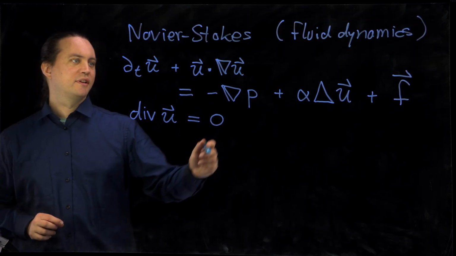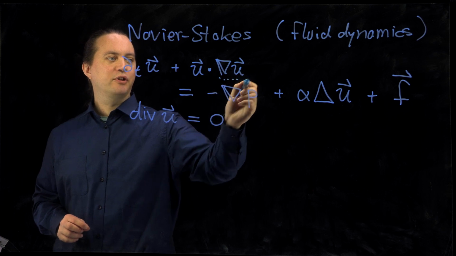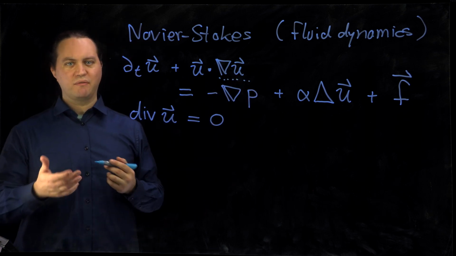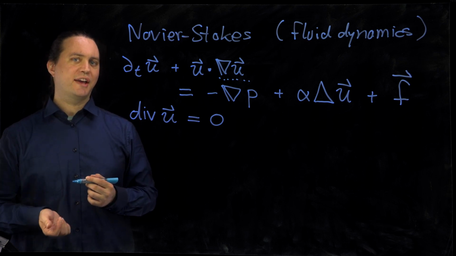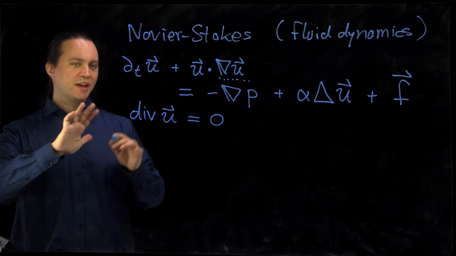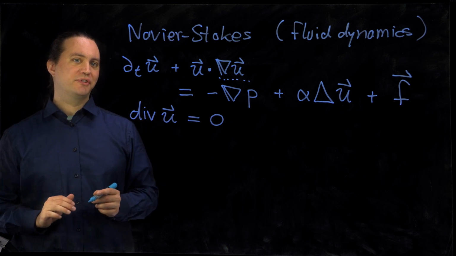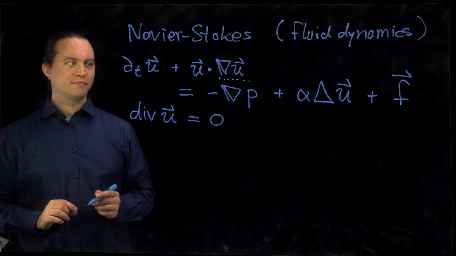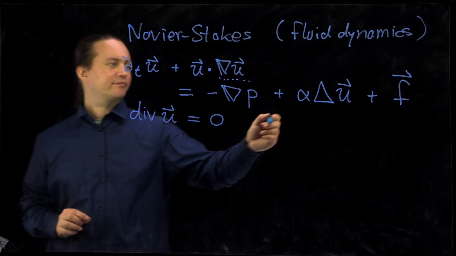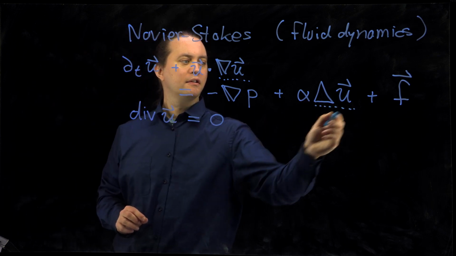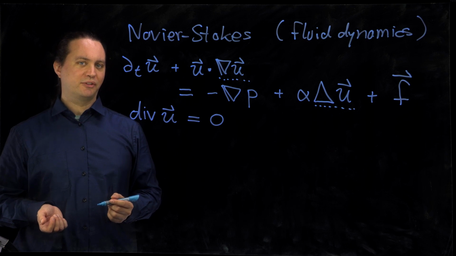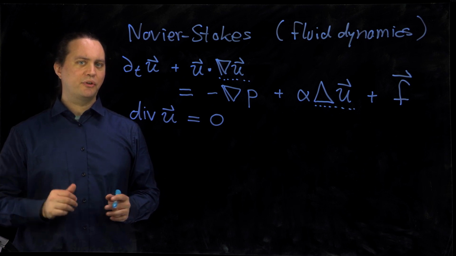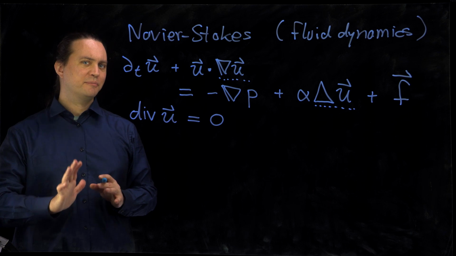Please notice, here I'm talking about the gradient of u, and okay, we have actually not discussed the gradient of a vector field. We've only discussed the gradient of scalar fields. So this is a bit outside of the scope of what we have done so far. And similarly, here I'm taking the Laplacian of a vector field, which is also outside of the scope of what we have done so far.